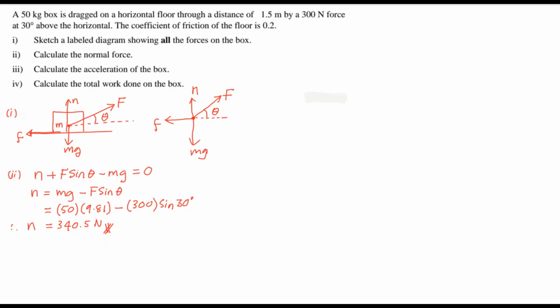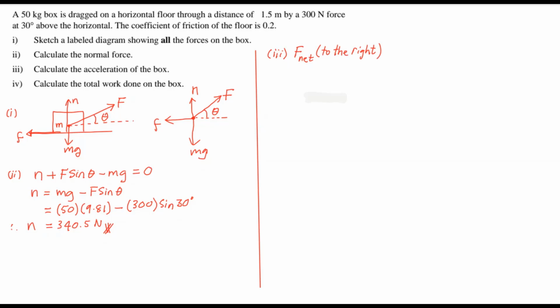Next, question number 3. Calculate the acceleration of the box. The box can only accelerate due to net force along the x-axis, in this case along the positive x-axis.